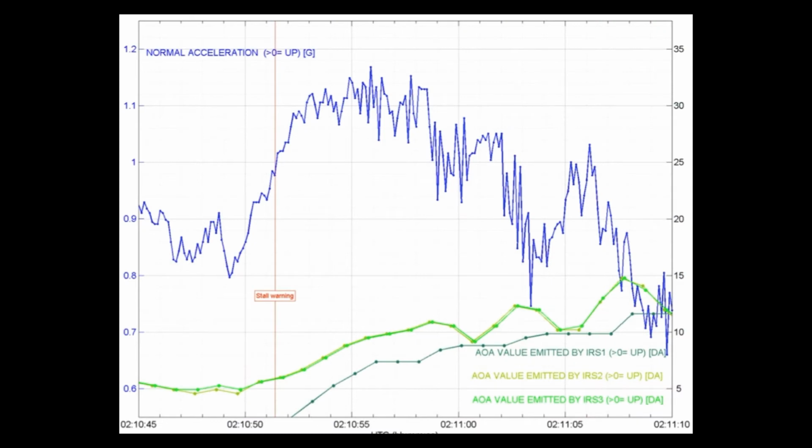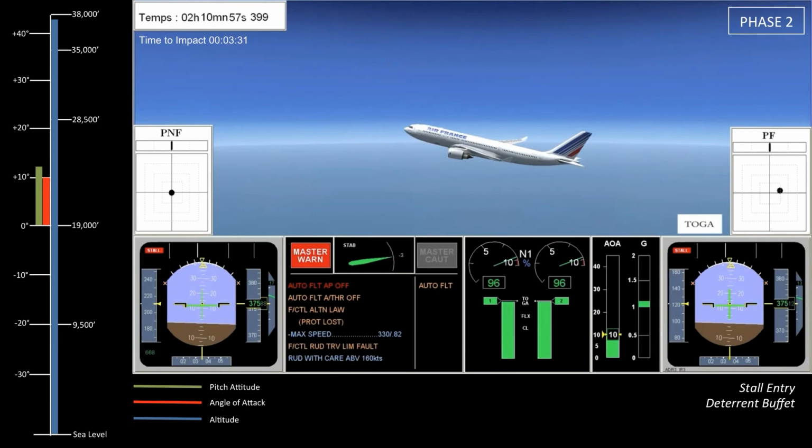This depiction of information gathered from the flight data recorder indicates a marked increase in magnitude of buffet from shortly after activation of the stall warning. Perhaps something was triggered in Bonin. He advanced the thrust levers to TOGA, the setting which would provide the maximum amount of power available.